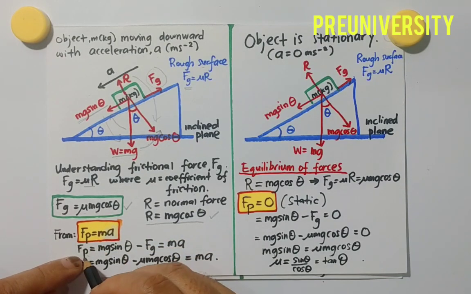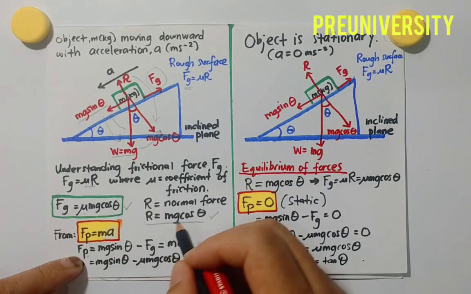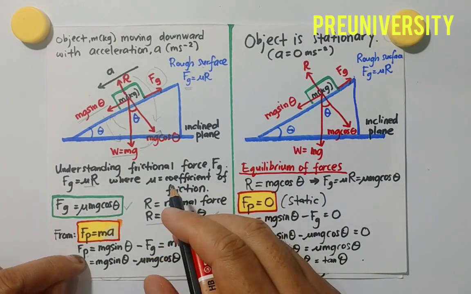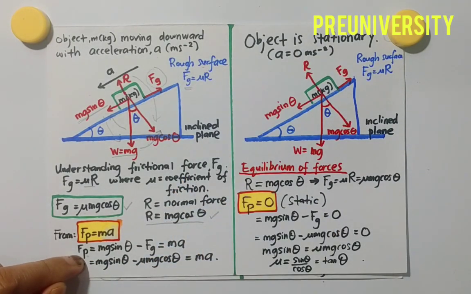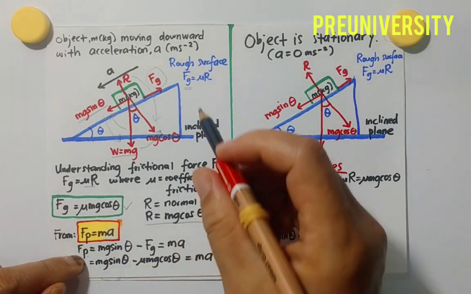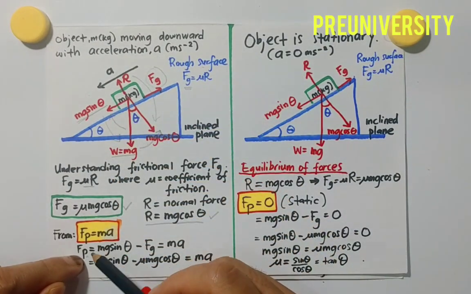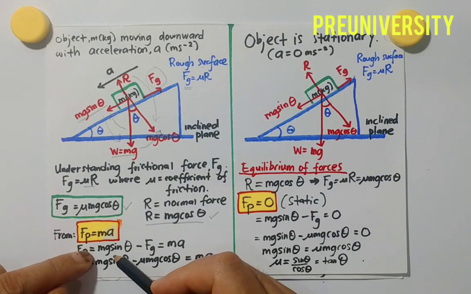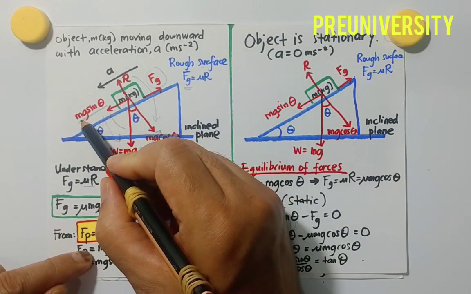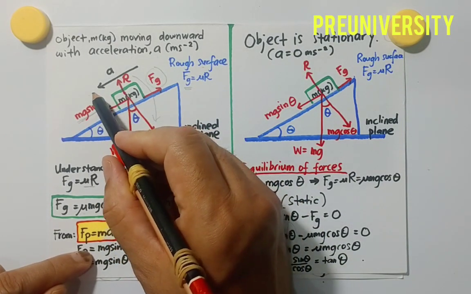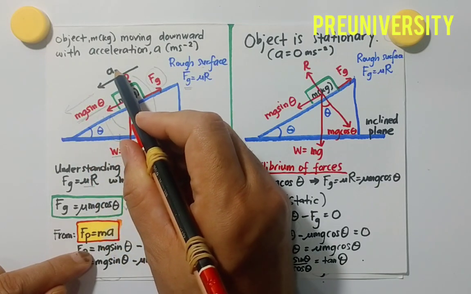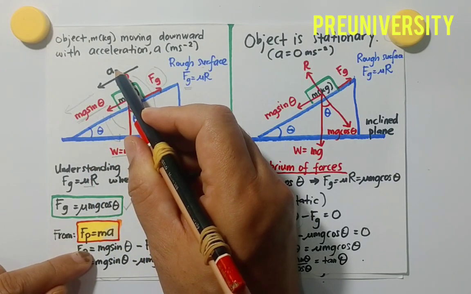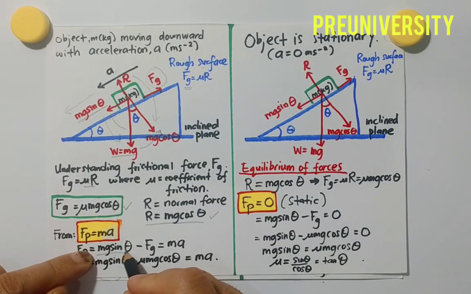Fa is the resultant force. So then we have to refer to the last note. If the force is in the same direction as the a, in this case mg sin theta is here, in the same direction as the a, then we take it as positive.